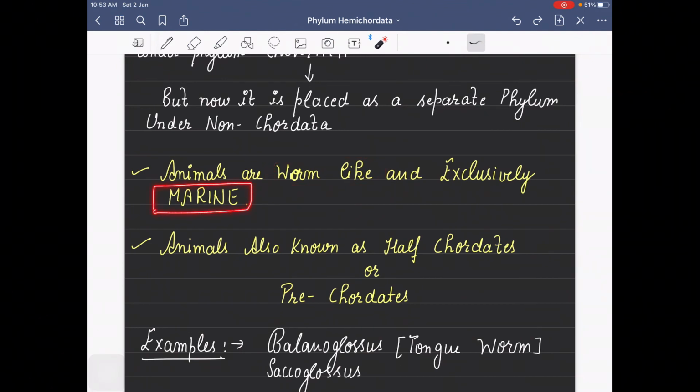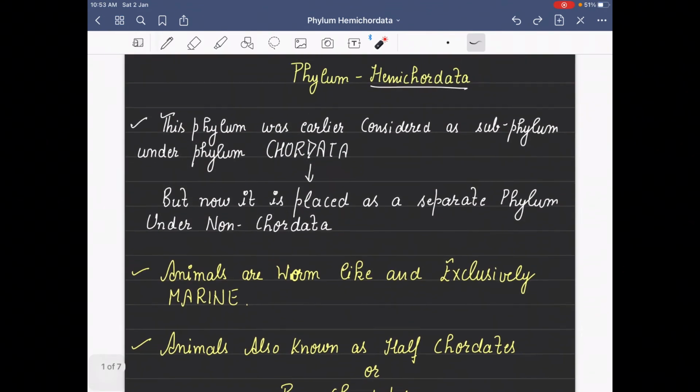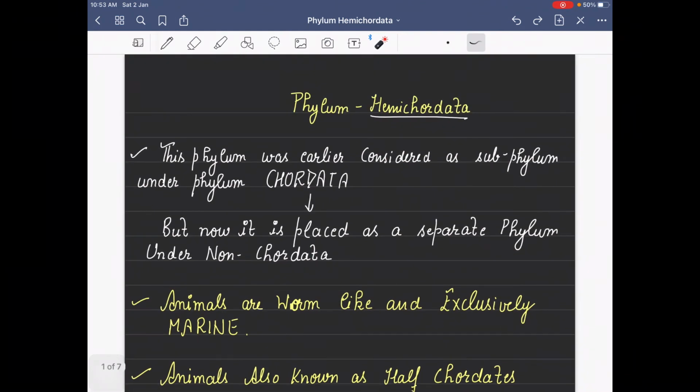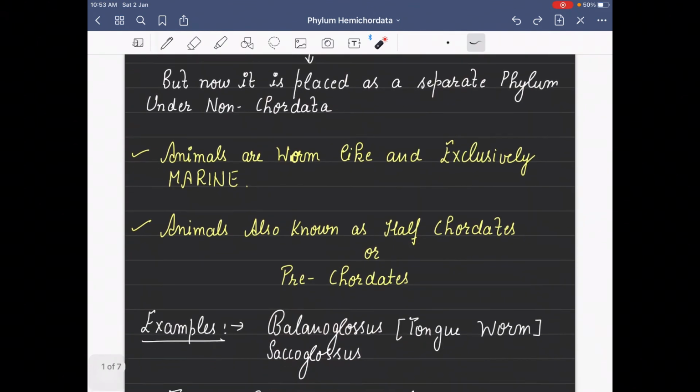Because this is a phylum just before the Chordata, its members are also known as half chordates or prechordates.